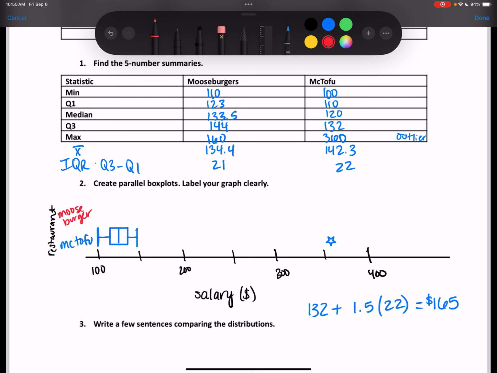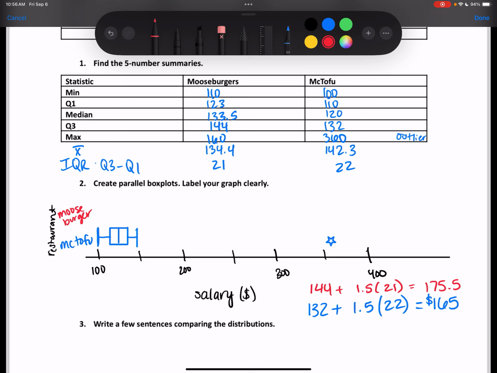So that would be 144 plus 1.5 times 21. You'll have to tell me what that number is. 175.5. Okay. I agree. So, obviously, no outliers then.